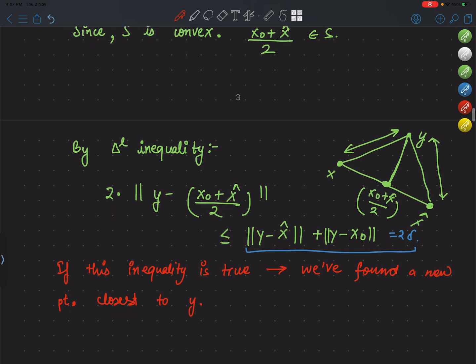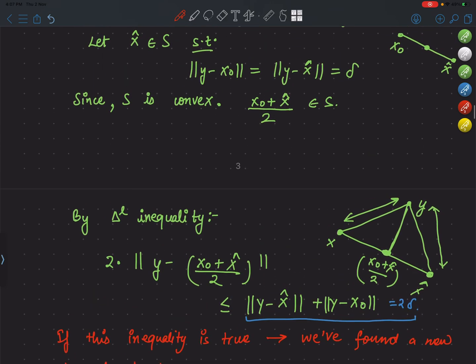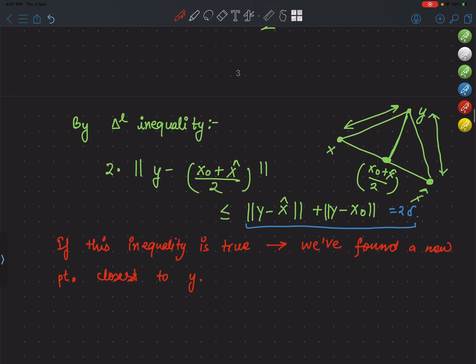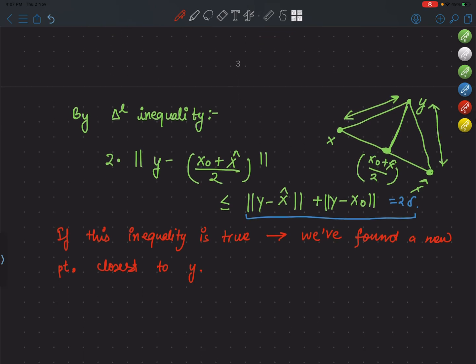But this is a contradiction to our assumption that x₀ and x̂ are closest to y. So by contradiction, only equality should hold.